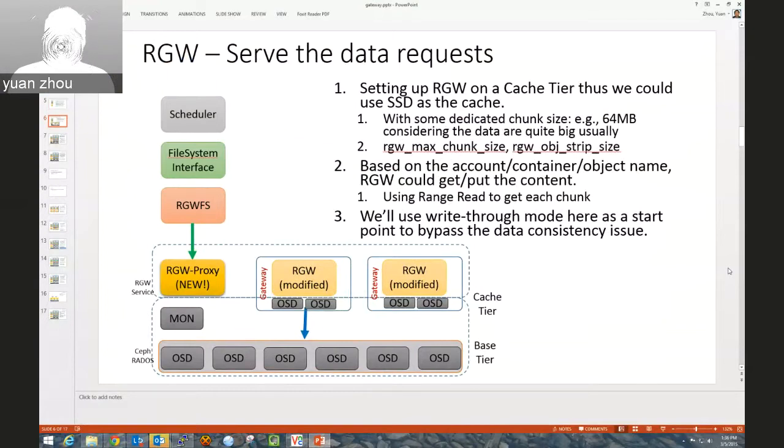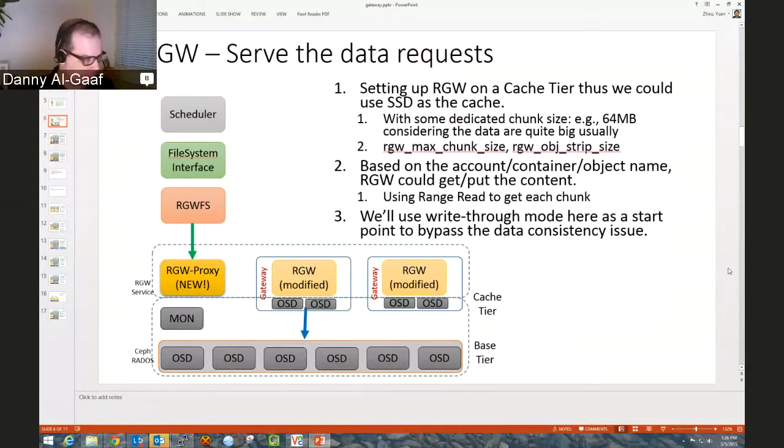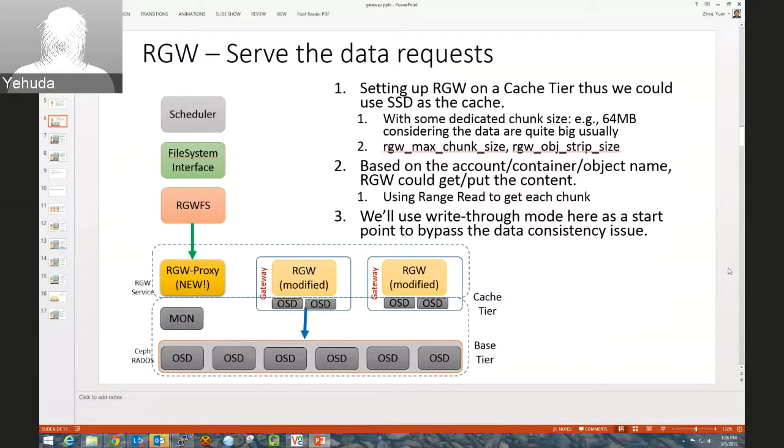I think that's already done since Firefly, right? Yeah, I think that was introduced at Firefly. So if I need to use a dedicated chunk size, for example, 64 megabytes, I just need to configure these two values to 64 megabytes, and is that all? Yep. I know people are setting it to like 5 megabytes or stuff like that.